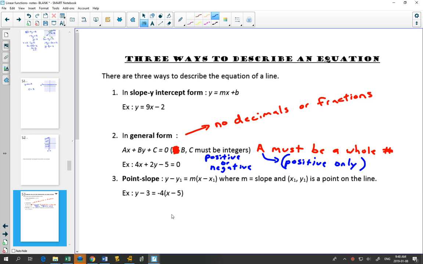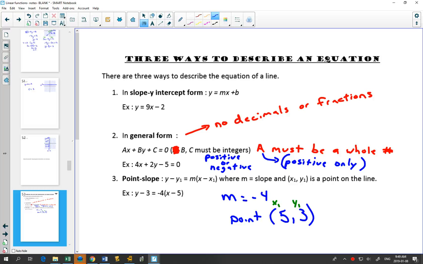So in this example here, if you were told that the slope was -4 and you had the point (5, 3), then you could label above this one x1 and y1, just like we label in our distance formula, our midpoint formula, or slope formula. But since we only have one point, we just have to label one point. And then you just plug things into the point-slope formula as is. So you plug your slope in and plug your one point.